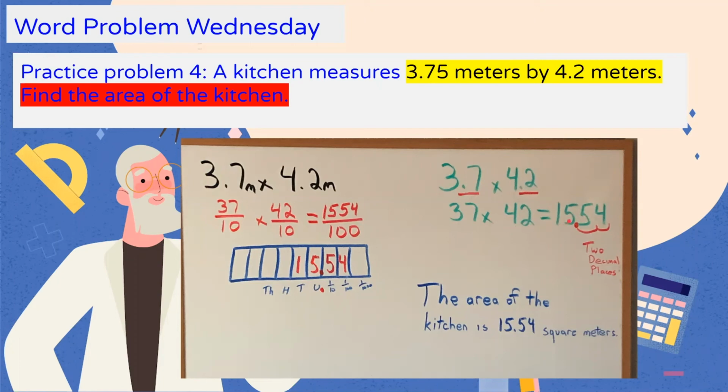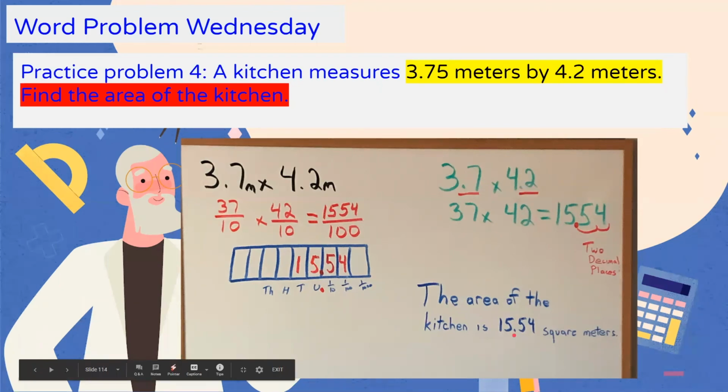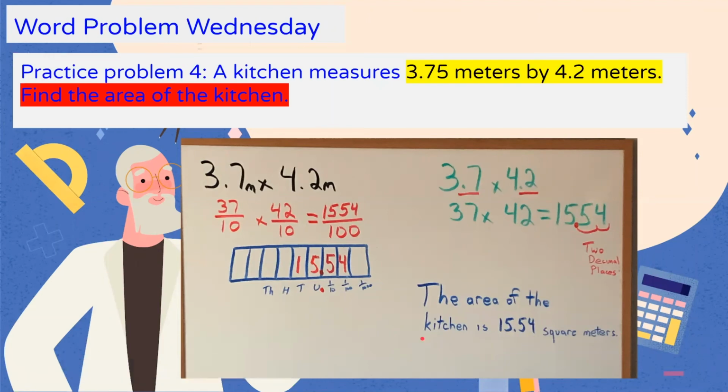Again, 1,554. We move our decimal back 2 places. We wind up with 15.54. So the area of the kitchen is 15.54 square meters.